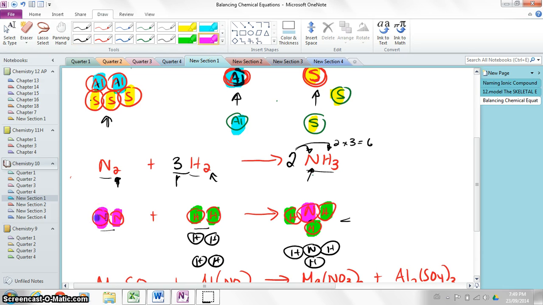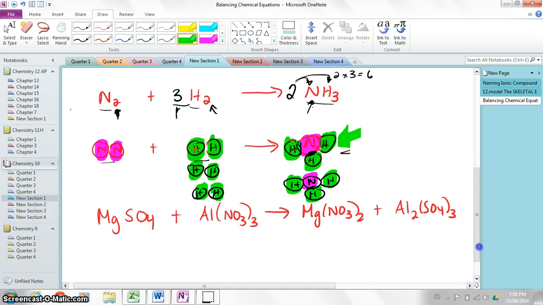So does that work out? 2 atoms of nitrogen on the left, 2 atoms of nitrogen on the right, 1, 2, 3, 4, 5, 6 hydrogens on the left, 1, 2, 3, 4, 5, 6 hydrogens on the right. So on the left and the right side, the hydrogens are balanced out.